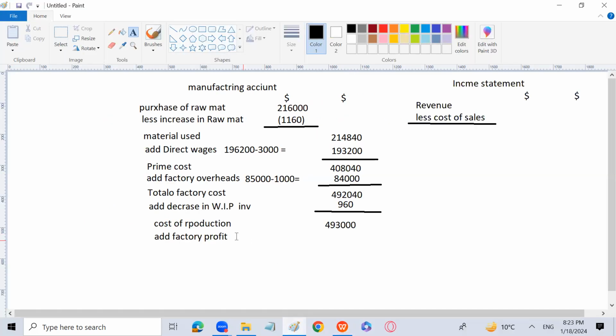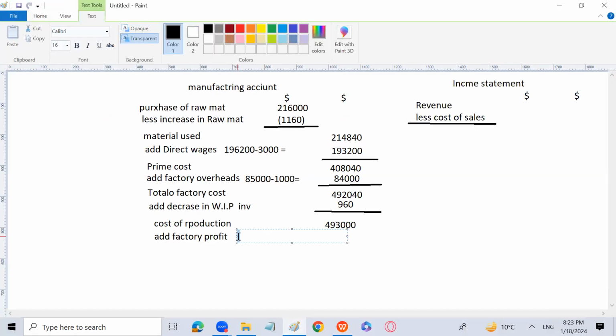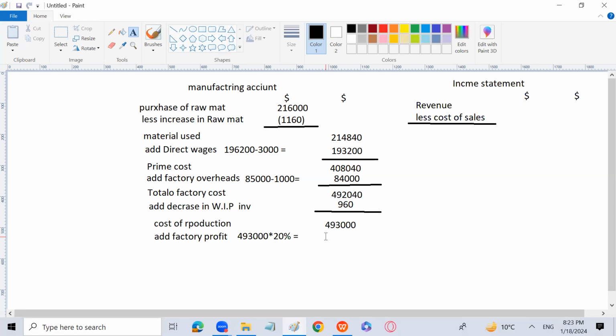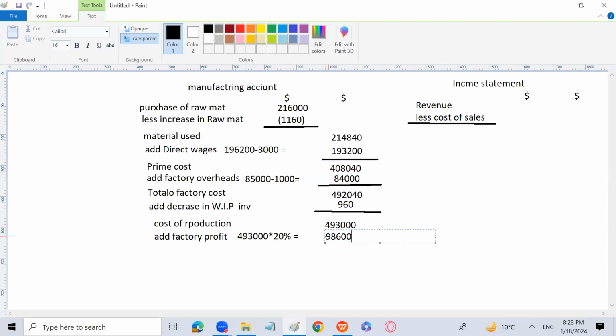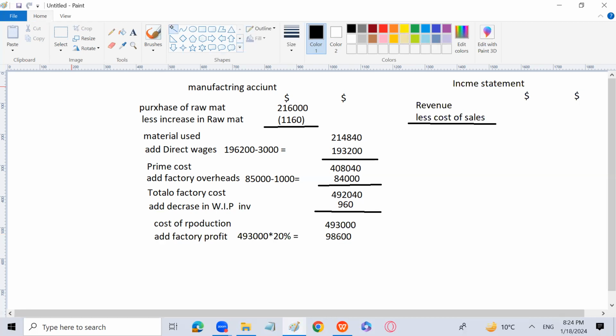So calculate 493,000 into 20%. How much will we get? 98,600 will be the factory profit. I will add factory profit into cost of production, or add cost of production with factory profit.